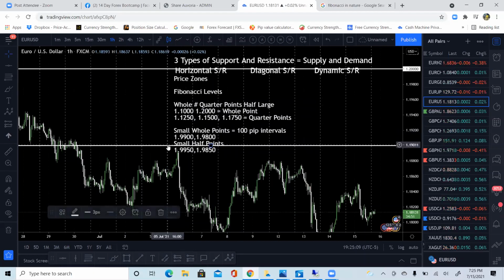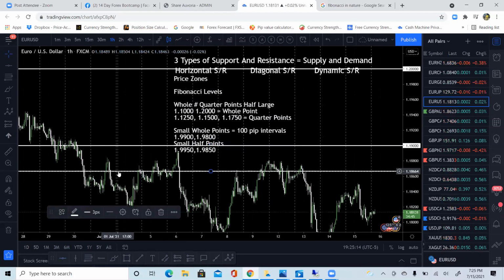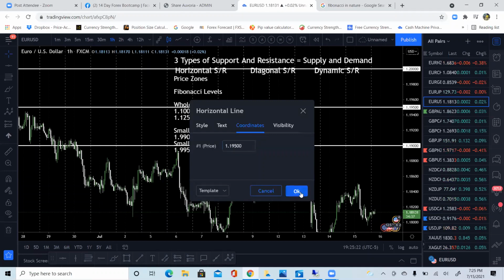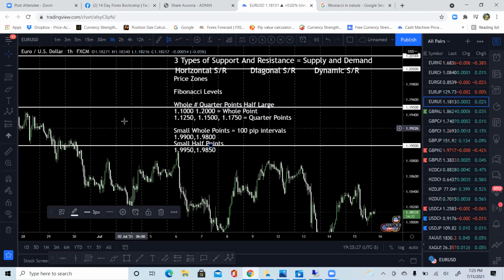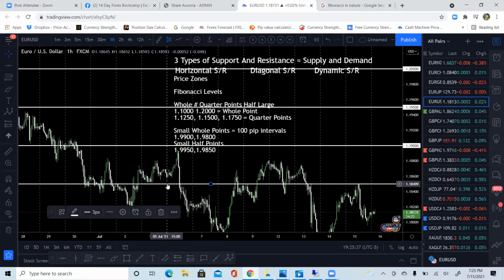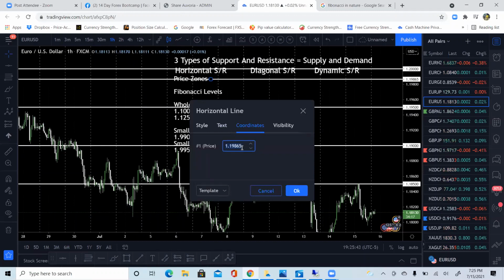I'm going to do 2 more lines and I'm going to show you how significant these lines are. 1.1950. And 1.1850. And one more. 1.1800.